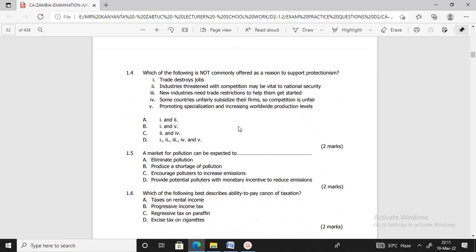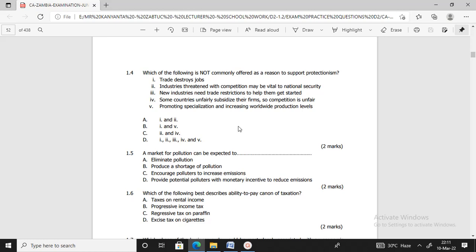Option B. Number 1.5. A market for pollution can be expected to... Okay, so a market for pollution can be expected to eliminate pollution, no; produce shortage of pollution, no; encourage polluters to increase emission, no. Actually, you can't do that.